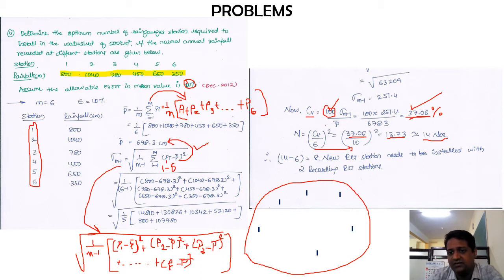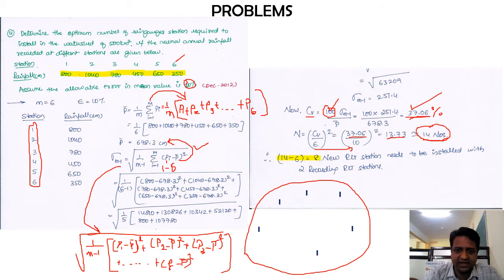Now you check out: the optimum number of rain gauge stations required over here is 14. But right now we have only 6 rain gauge stations. So we need 14 optimum rain gauge stations, but currently we have only 6.